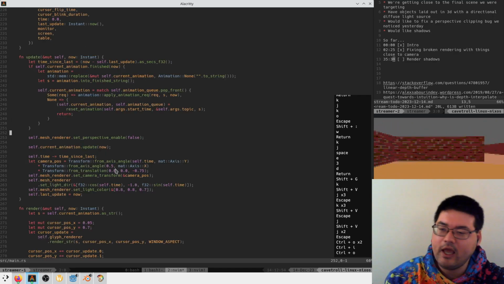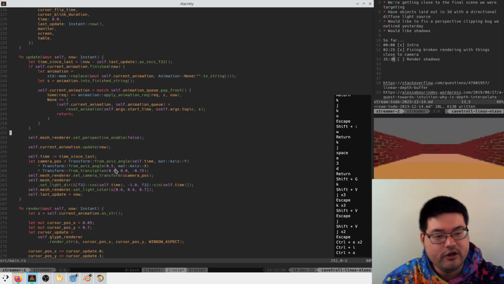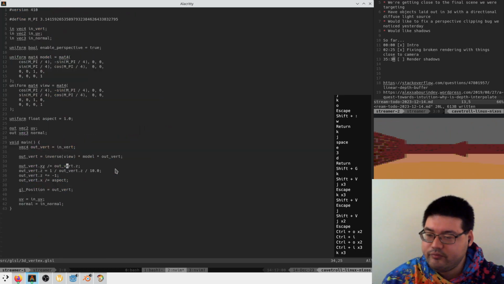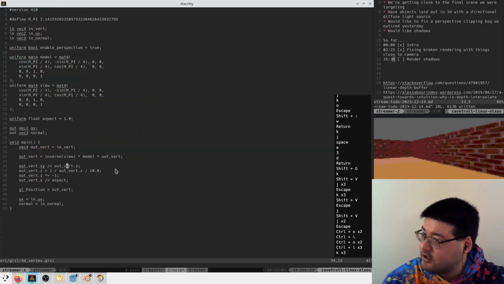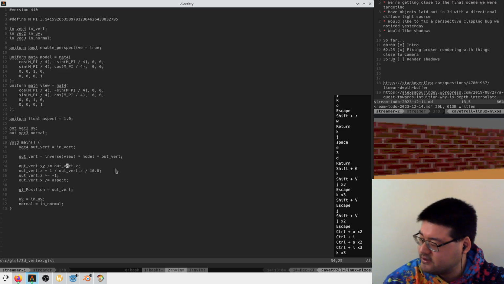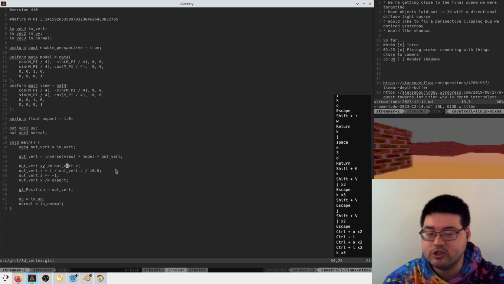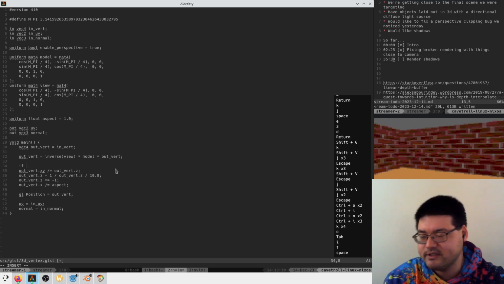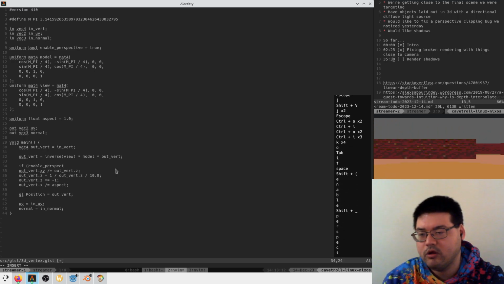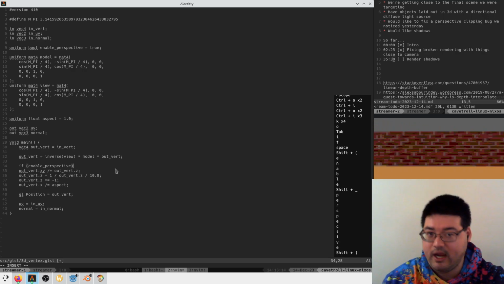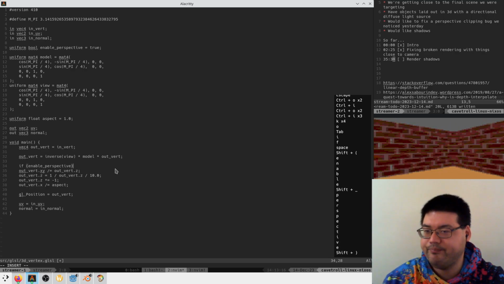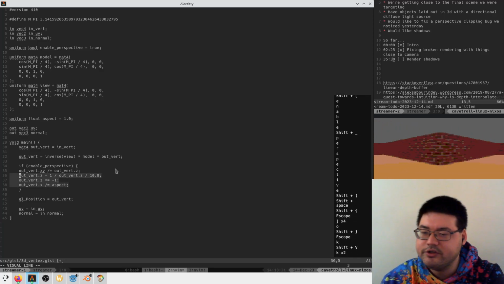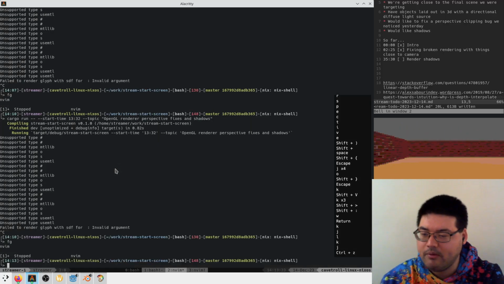Now it seems like maybe it would be easier to construct a perspective matrix on the CPU, but maybe not. I'm kind of okay with this way of doing it for now, because I don't need support for any arbitrary matrix. I really have one thing that I want to do. So I'm okay with doing it this way for now.